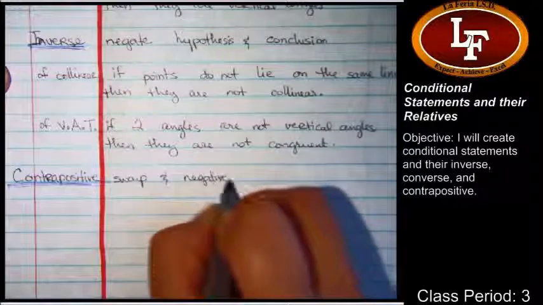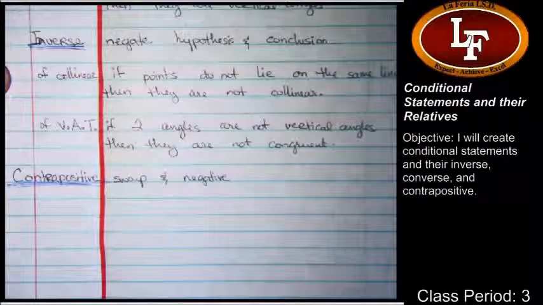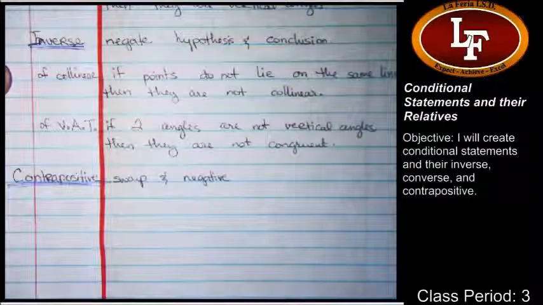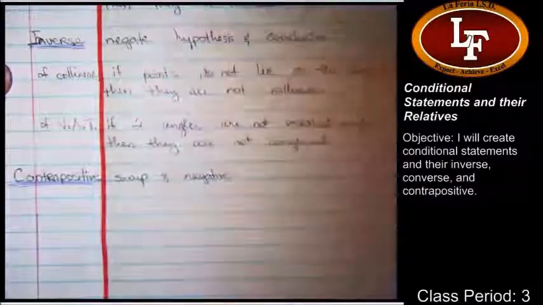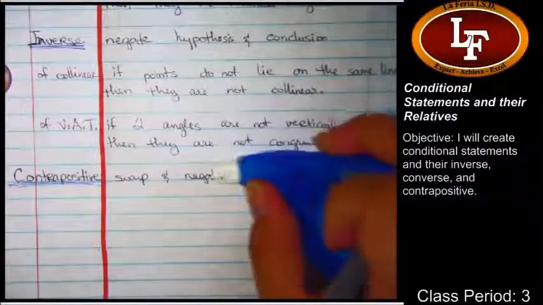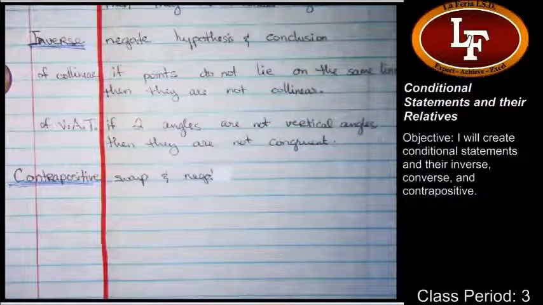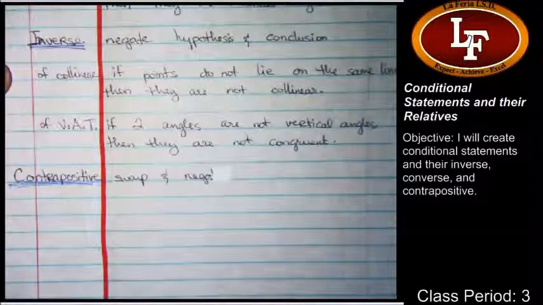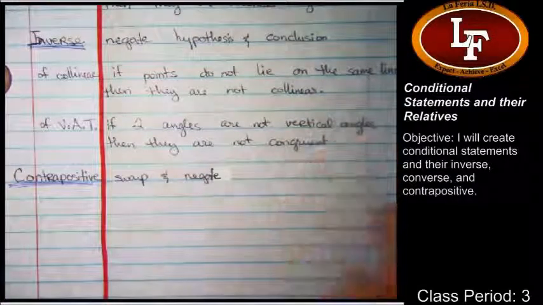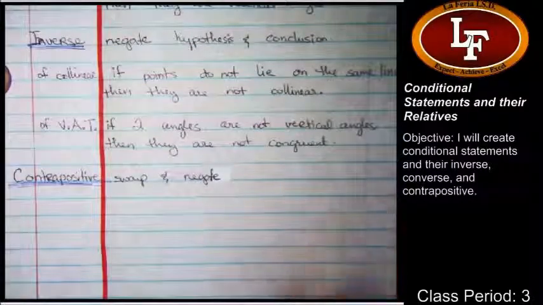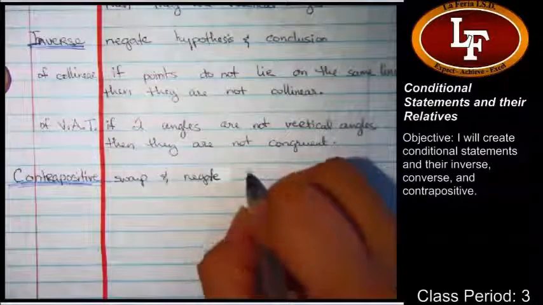You're either going to take the inverse and swap the hypothesis and conclusion, or you're going to take the converse and negate the hypothesis and the conclusion. Either way gets you to the same place. Both ways are right. So inverse, you swap.